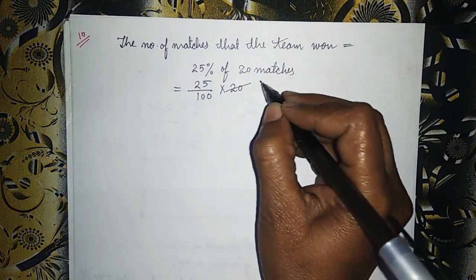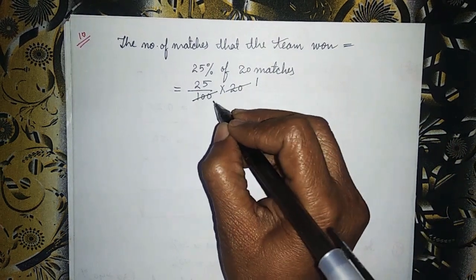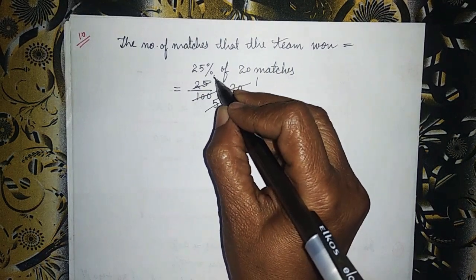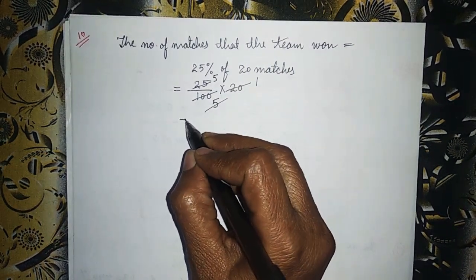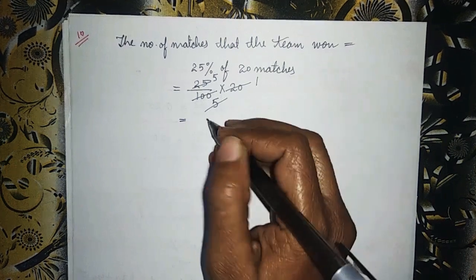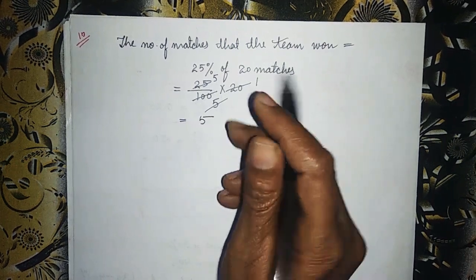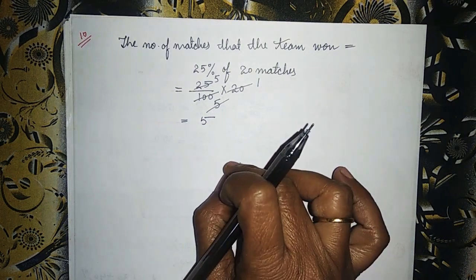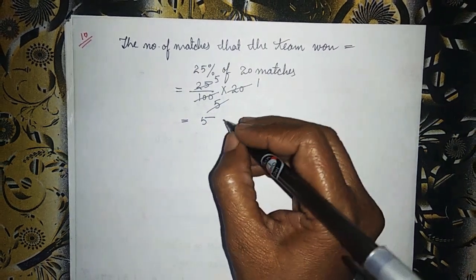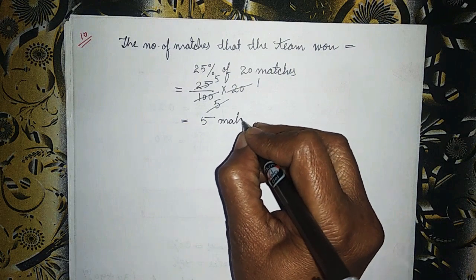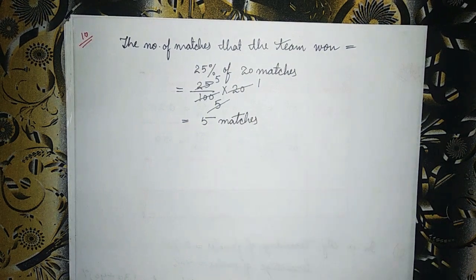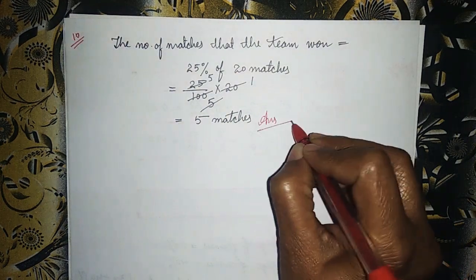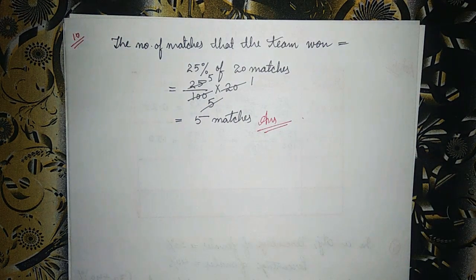Okay, now 5 ones are 5, 5 fives are 25, and here 5 into 1 is equal to 5. So how many matches did they win? They won 5 matches. Okay. So here the answer is 5 matches they won.